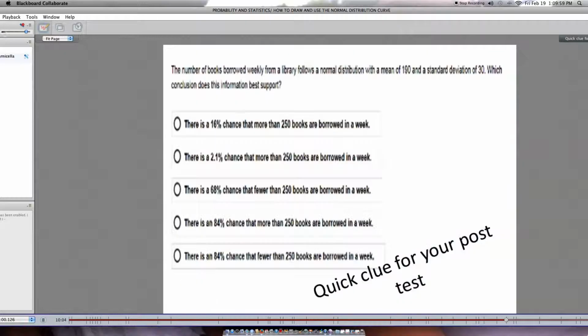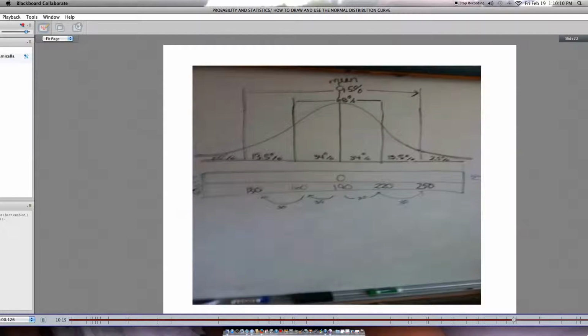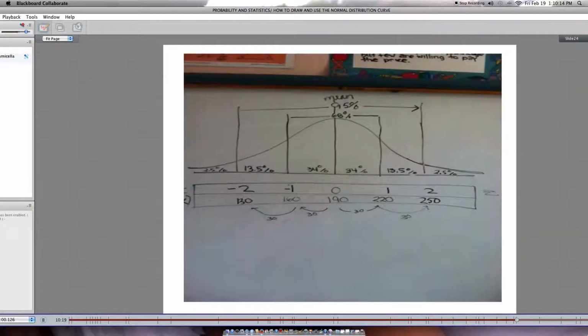Then I go back to the question. There is a 68% chance that fewer than 250 books. That's saying there is a 60% chance that fewer. So I go to my graph that I made, and I see that already from 130 books borrowed a week to 250 books borrowed a week, there's a 95% chance.